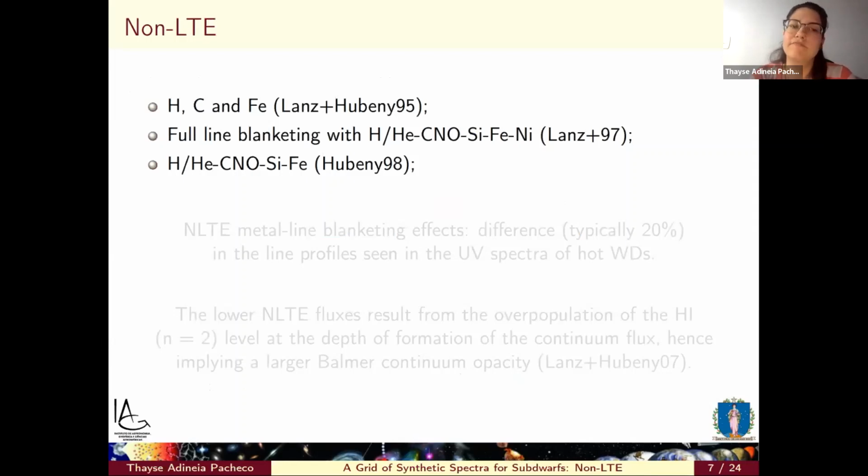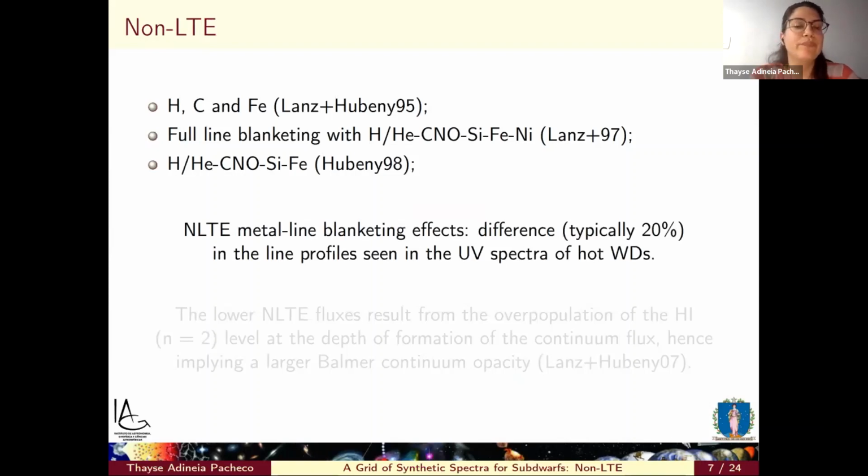In the last decades, we have improved a lot in atmosphere models, including some ions to contribute to atmosphere opacity. As a result, we know that in non-LTE models, metal line blanketing effects make a difference in line profiles seen in the ultraviolet spectra of hot white dwarfs.